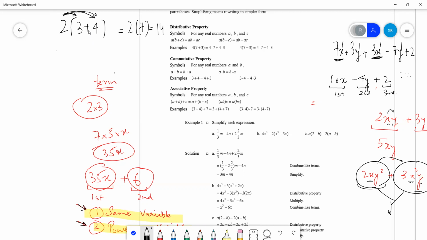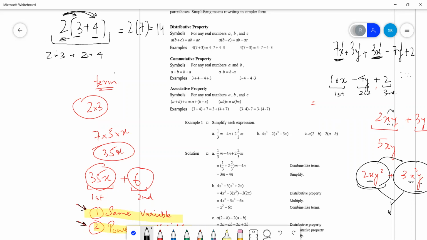We can distribute this 2 over addition, multiplying this 2 with 3 and this 2 with 4 individually: 2 times 3 plus 2 times 4, because 2 is in multiplication with 3 plus 4. So we can use the distributive property here to solve it. We can also use PEMDAS, there's no problem in that.